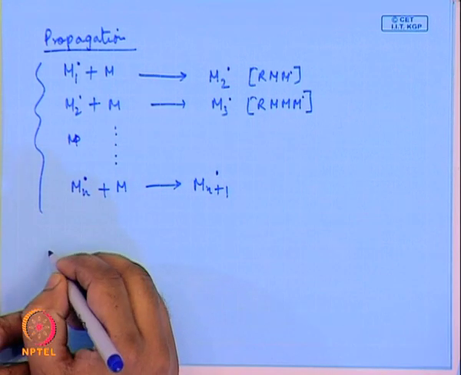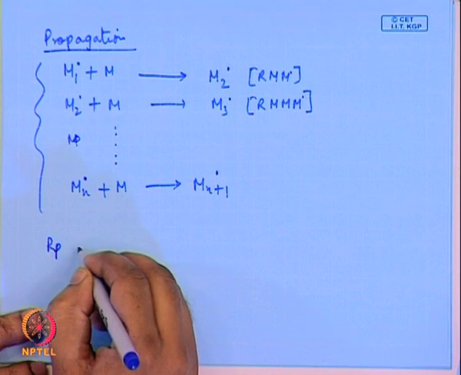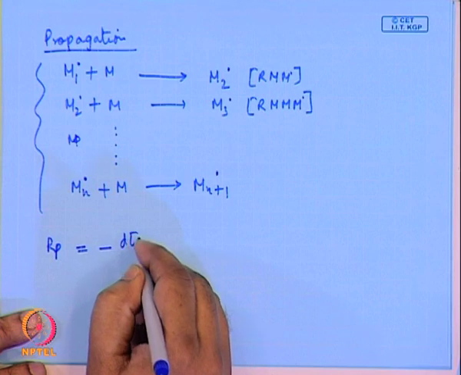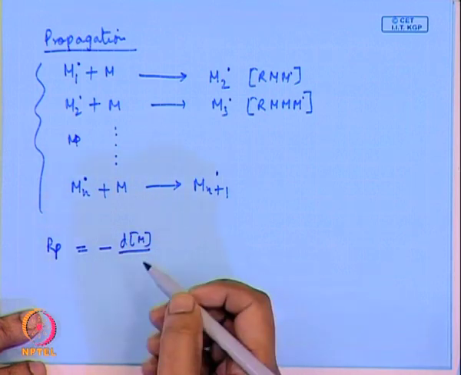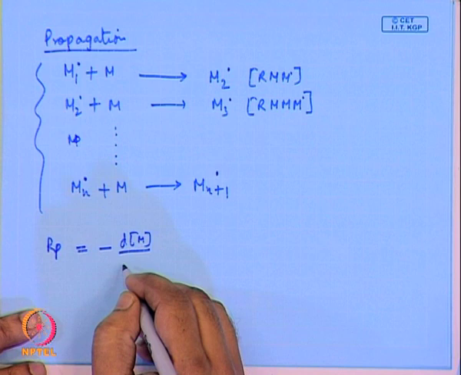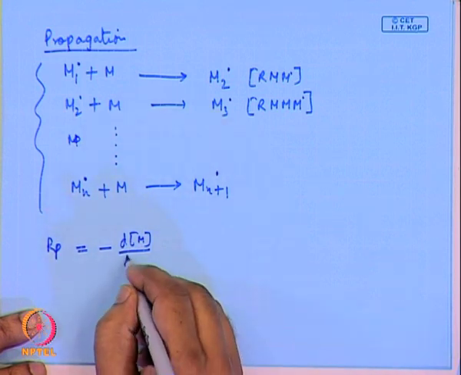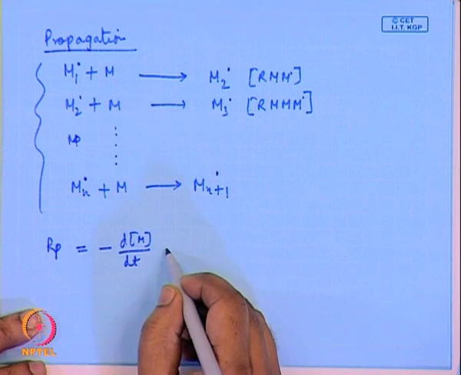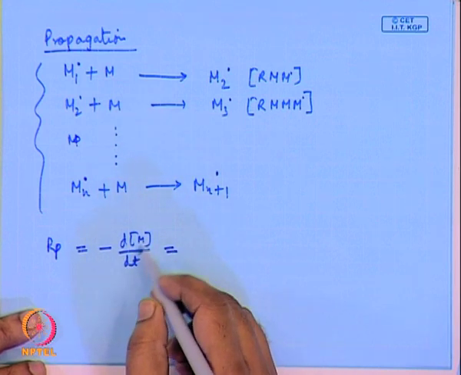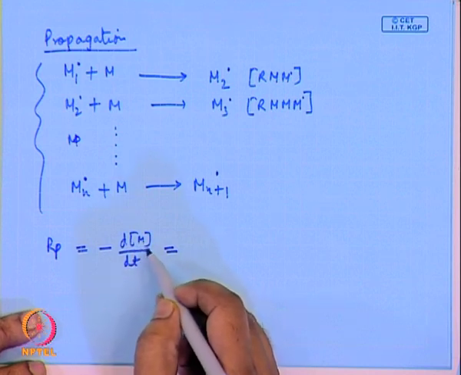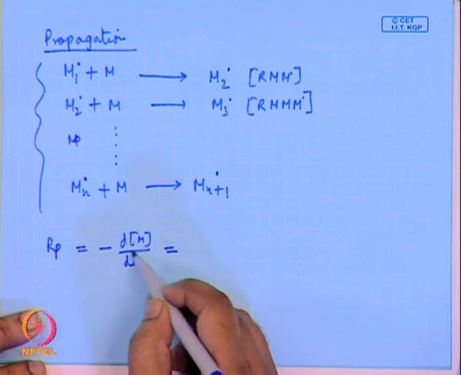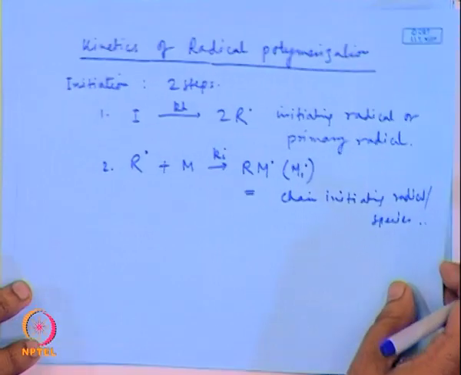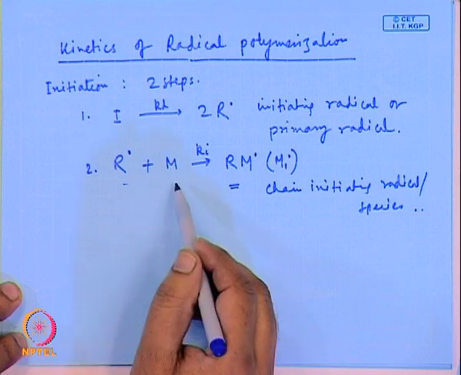Now, the rate of polymerization Rp is given by the rate of consumption of monomers. Here it is assumed that the monomers which are getting consumed are reacting and becoming part of the polymer. Now, in what reactions is the monomer getting consumed? We talked about the initiation reaction. Here the monomer is getting consumed.